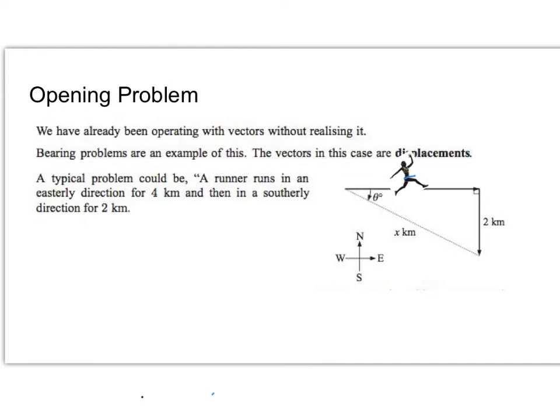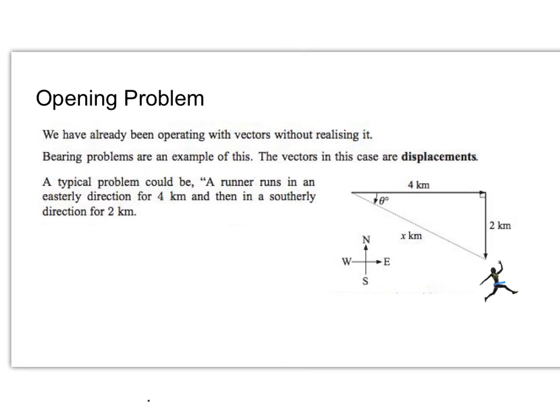My runner runs east for 4 kilometers and then turns and goes south for 2 kilometers. And you'll see my vectors here.